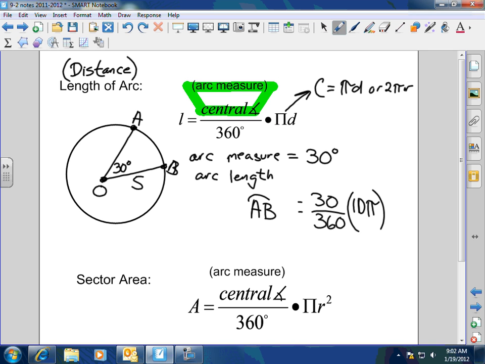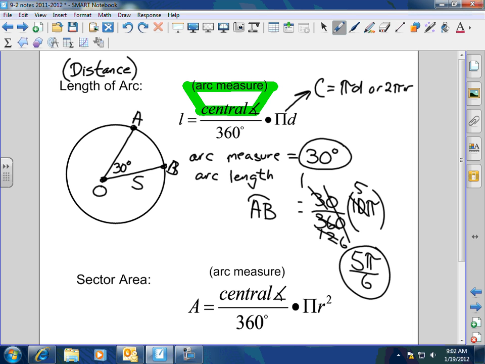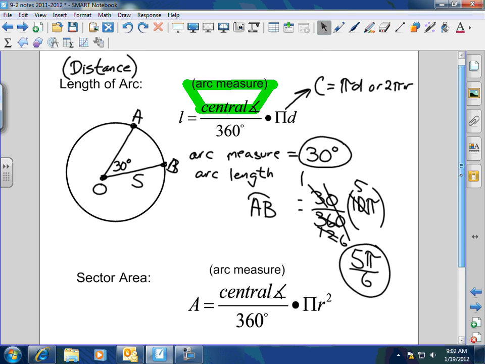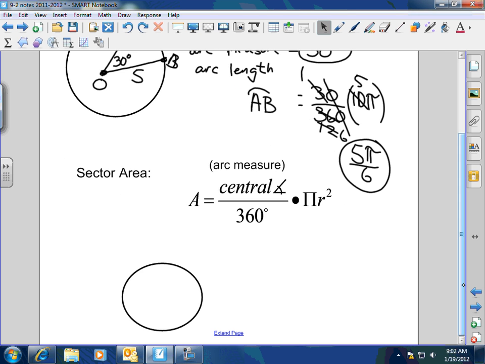Sorry, I became overzealous. So this would actually be 5 pi over 6. Okay, sorry about that. That would be the arc length, and the arc measure would be 30. Does that make sense? You sure? Okay. Last thing that we have to learn today.